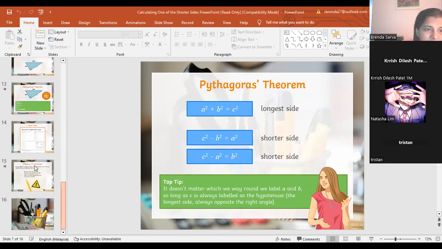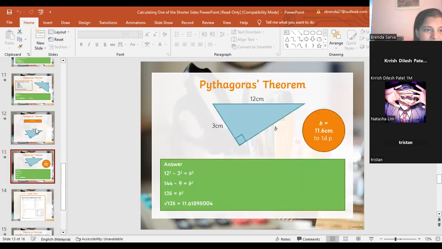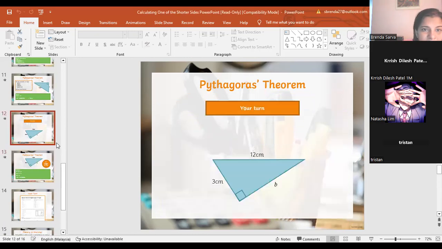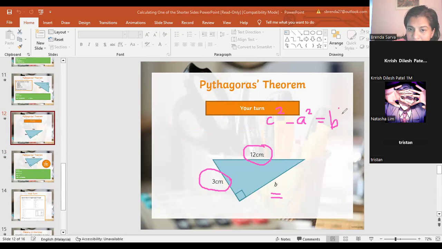We have done a few examples. Is it this one or this one? I think your turn was this question. You can see the hypotenuse is 12 and the A side here is 3. You're supposed to find the B side. So the longest side, C squared, minus A squared gives you the answer for B squared.